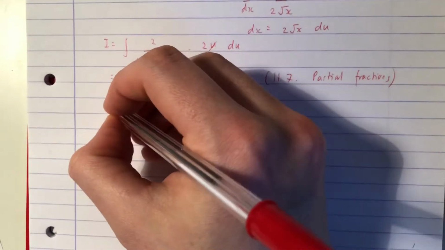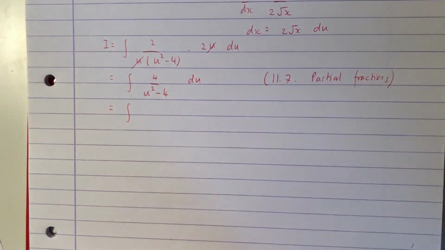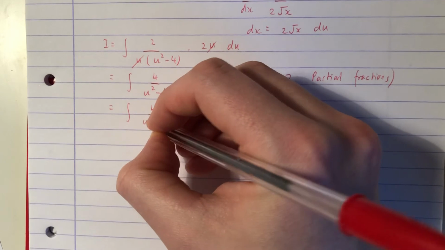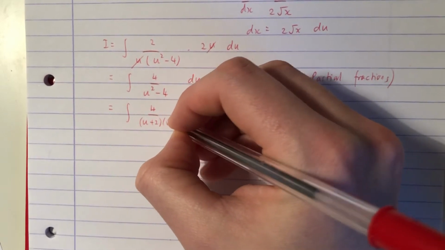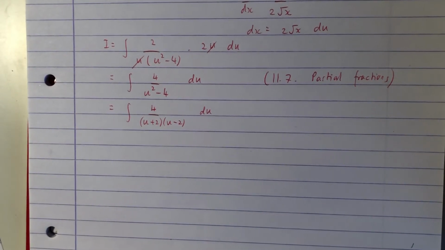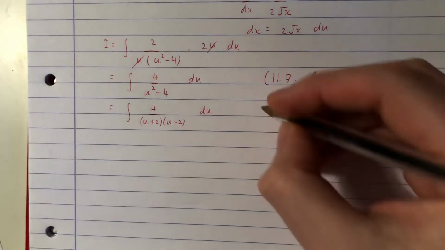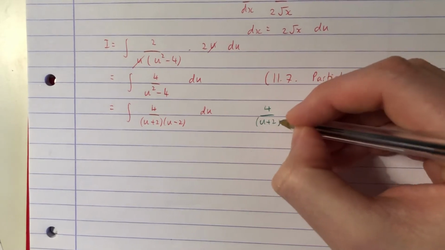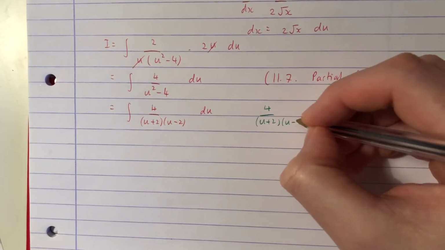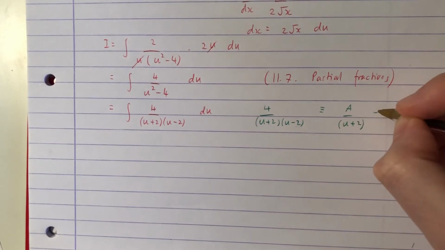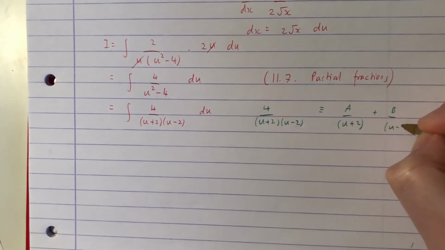Now, this algebraic fraction there, if you factorize everything, you get 4 over u plus 2, u minus 2 du. And partial fractions involve you splitting this algebraic fraction up into 2 separate fractions, like so.